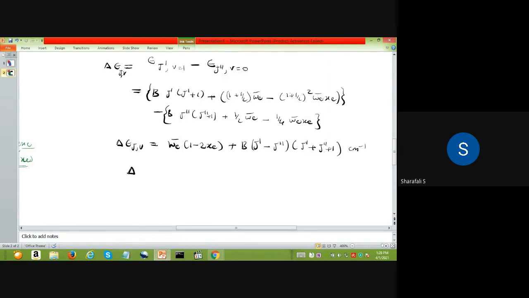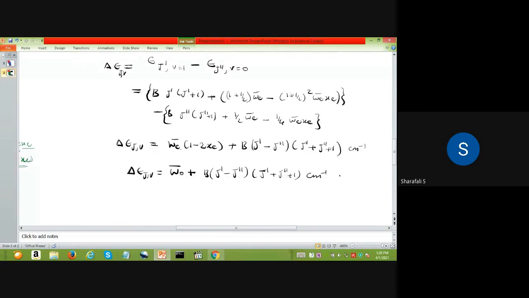Or we can also say Δε(J,V) will be equal to ω_0 bar, don't confuse with the previous ω_0. This is ω_e bar into (1 − 2x_e), plus B into (J' − J'') into (J' + J'' + 1). You just subtract these two values and we'll get it, this much of centimeter inverse. So this is the energy level difference.